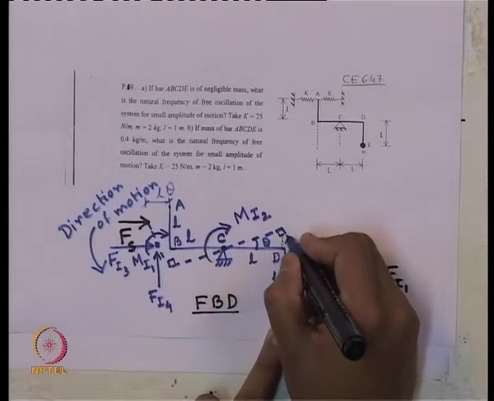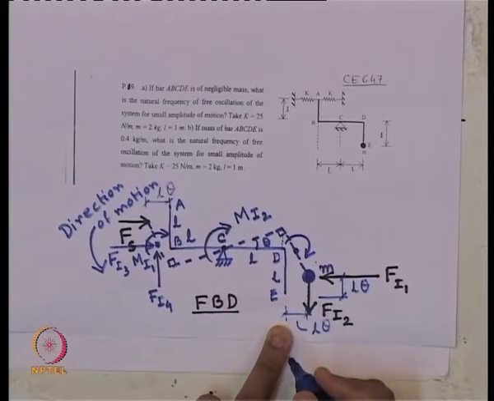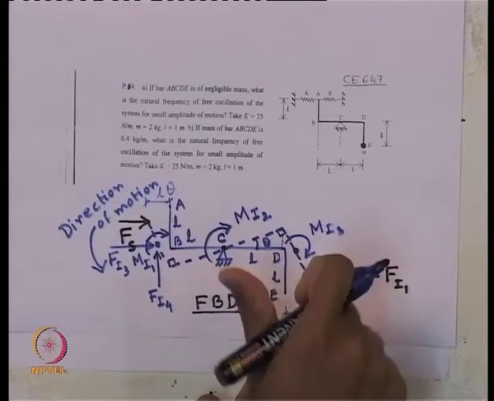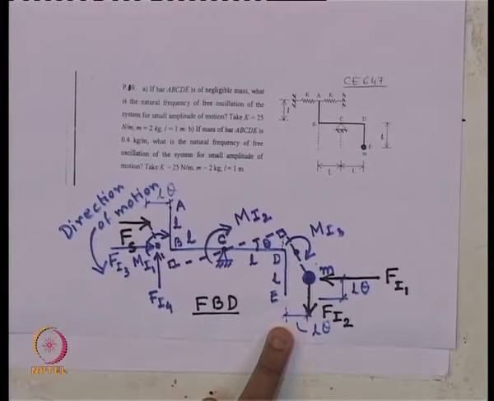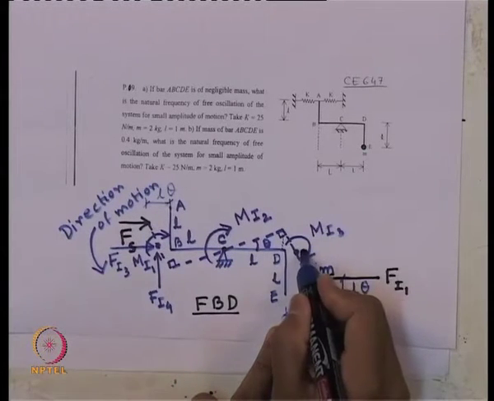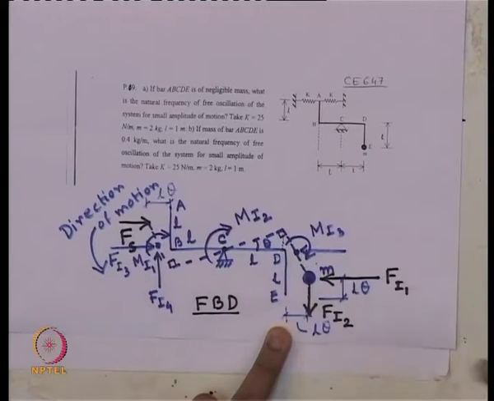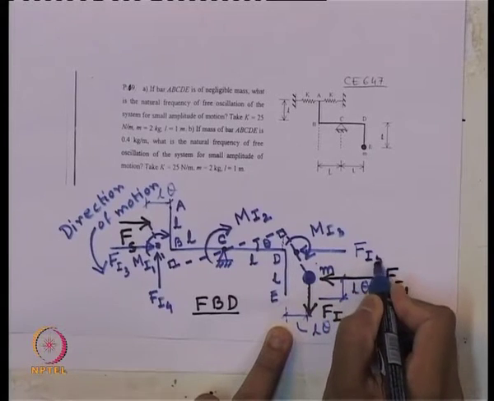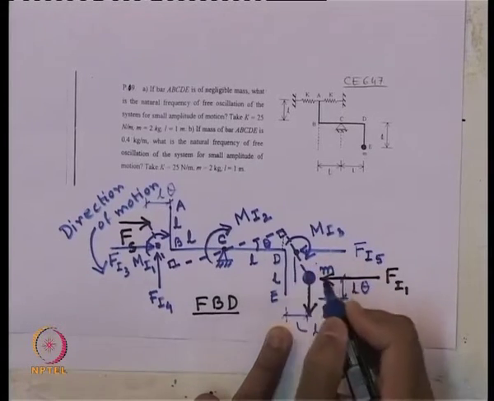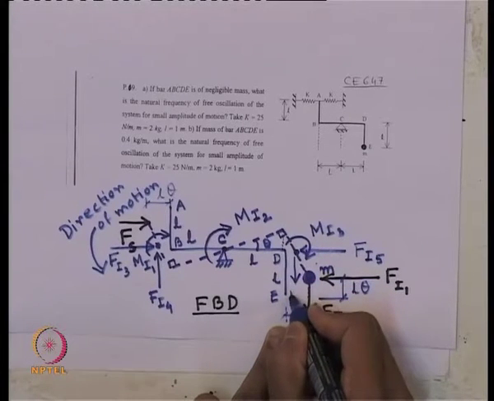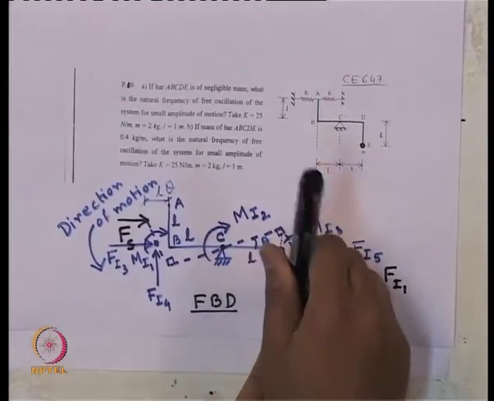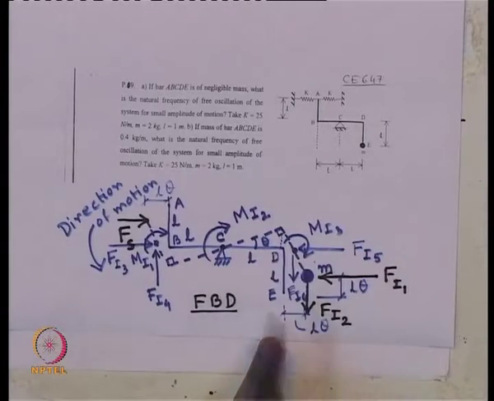So again we will have a torsional inertia force M I 3 in this direction, the horizontal inertia force F I 5 in this direction, and a vertical inertia force F I 6 in this direction. Each of them will bring it back to its original position.